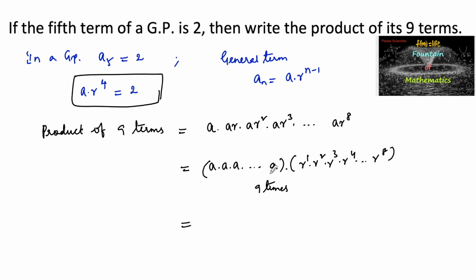So here a is multiplied 9 times, so we get a to the power 9. Since a power m into a power n is a power m plus n, we can add the powers of r: 1 plus 2 plus 3 and so on up to 8.